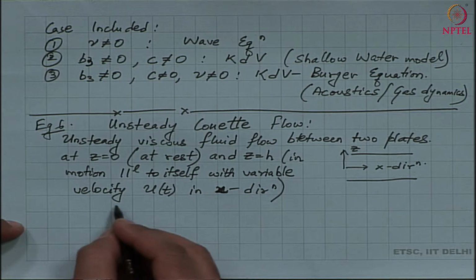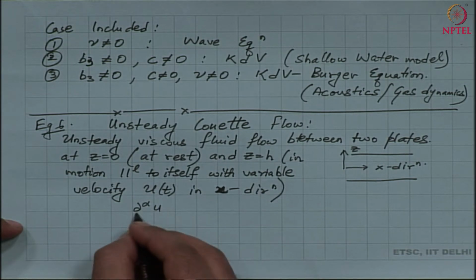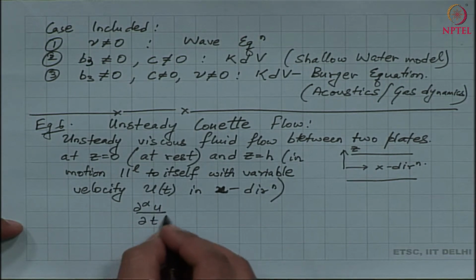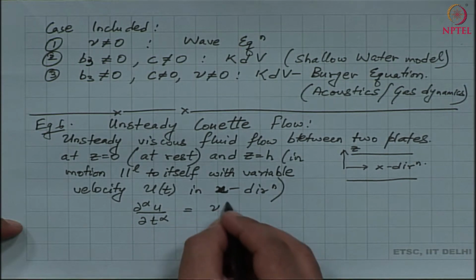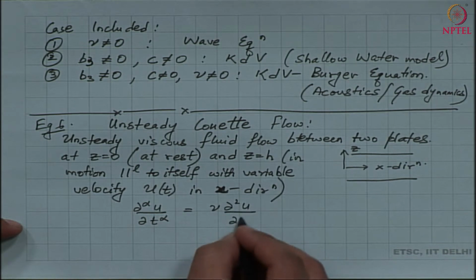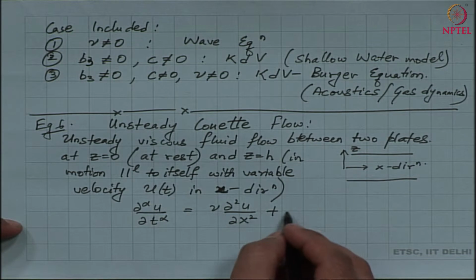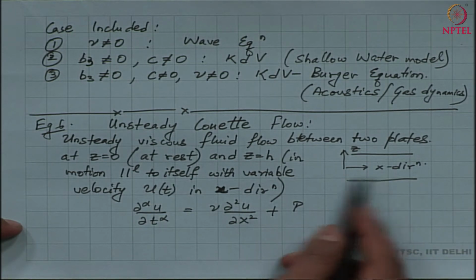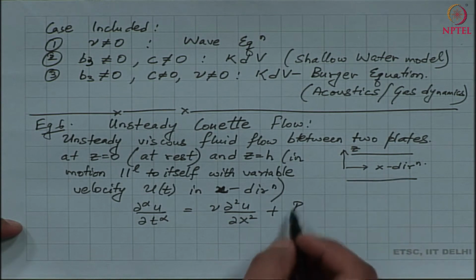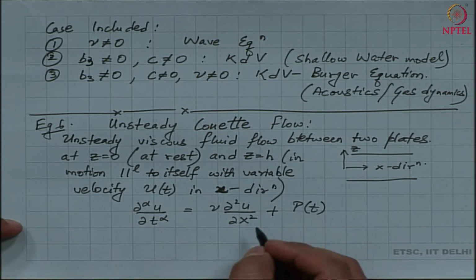So, the equation that we are solving for the fluid flow in this case is the standard diffusion, the fractional diffusion equation, del alpha u del t alpha is equal to nu times the second derivative of u plus some extra forcing term, which typically denotes the pressure developed by this fluid flow. So, some extra forcing term, let us say this is P of t.